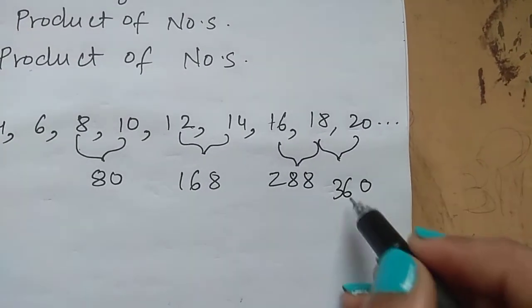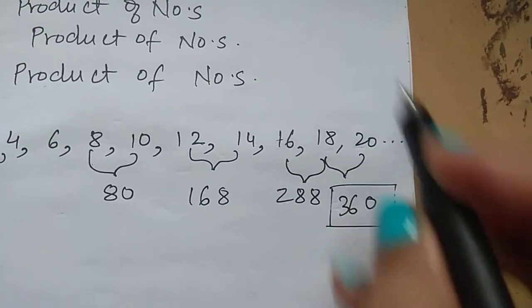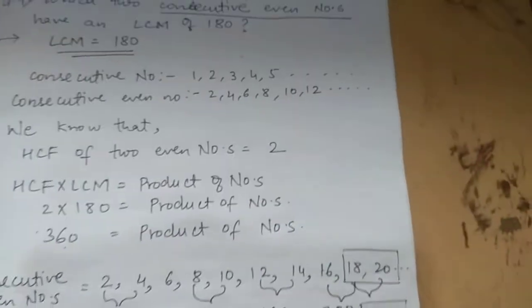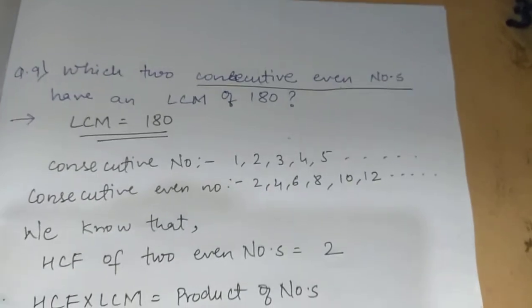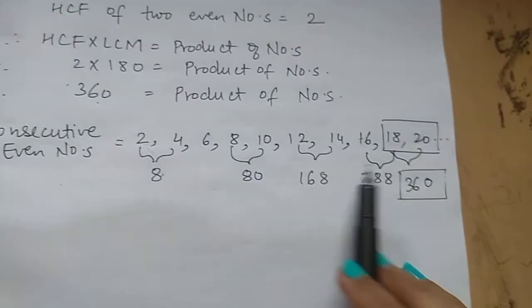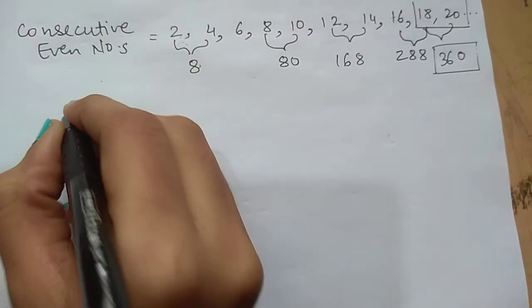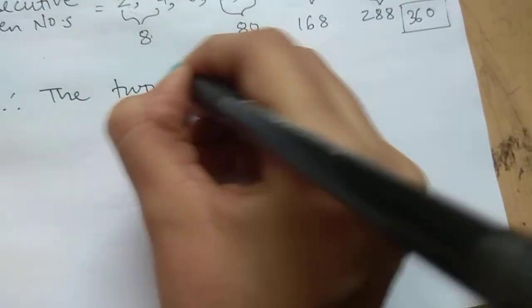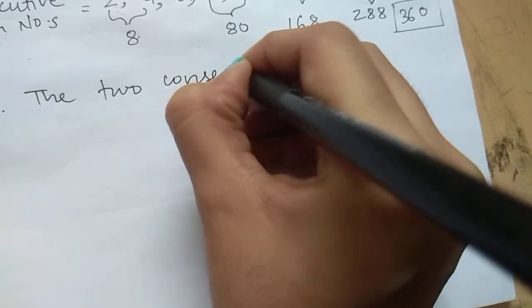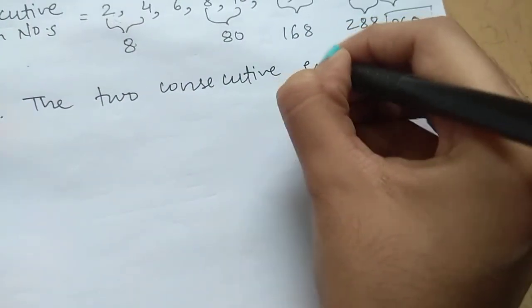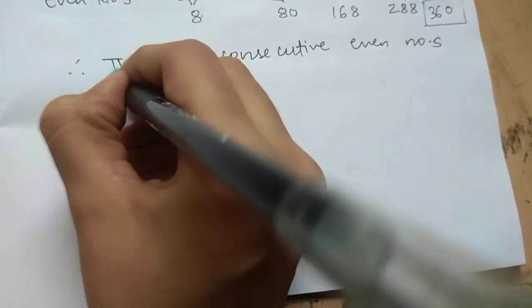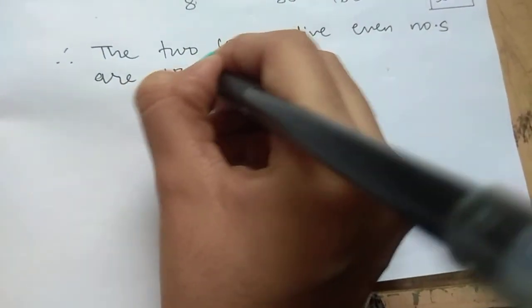Yes, we got this 360 here. From which pair? From 18 and 20. So which are the two numbers? The two consecutive even number 18 and 20. Therefore, the two consecutive even numbers are 18 and 20.